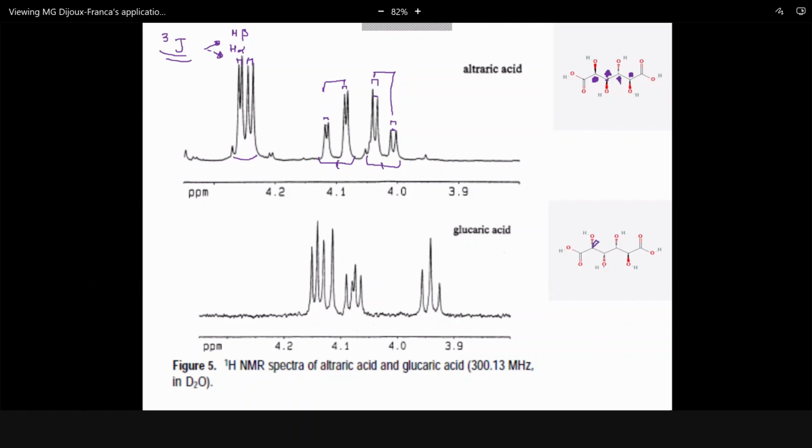That means that here the proton is in the front. Here it was in the back. And here, again, the proton is in the front. And here it's in the front and so on.